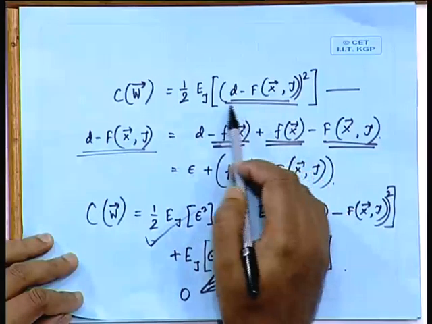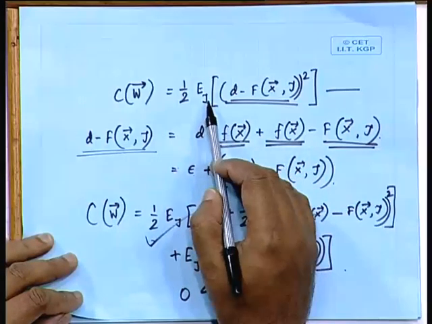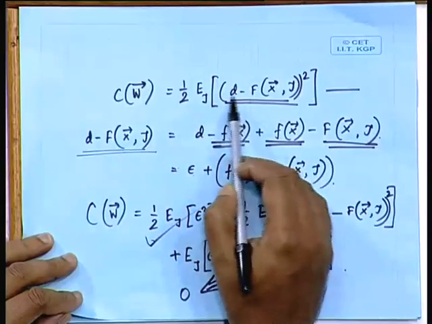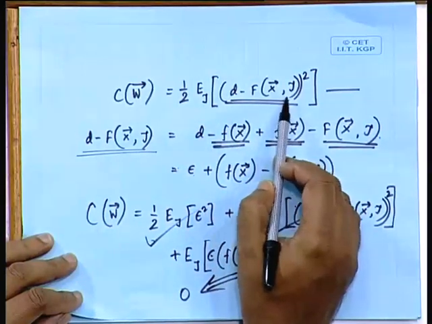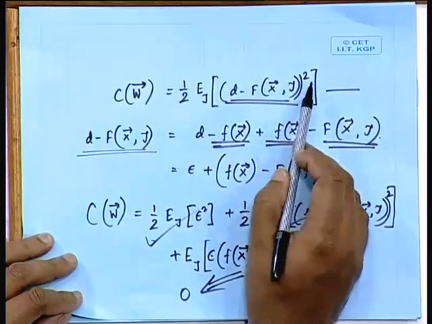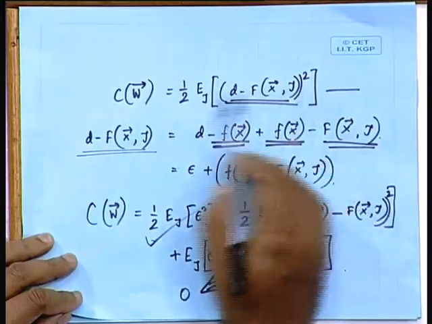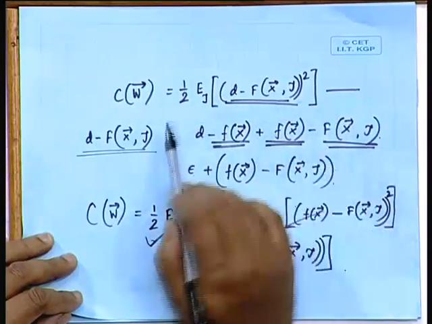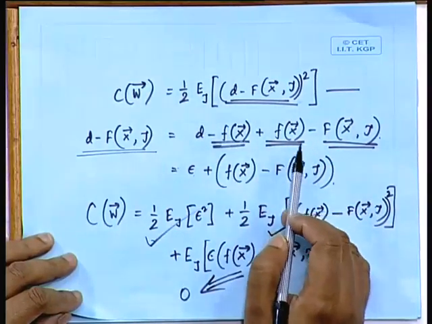So, starting with the definition of the cost function, where we were taking it as the expectation over the set of target patterns of d minus f of x comma tau, the square of this. So, expectation of this squared quantity over the training samples, that is what we were calculating.